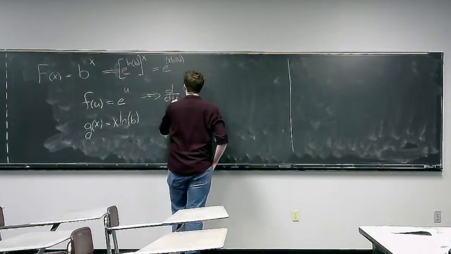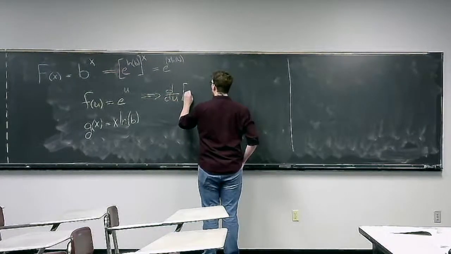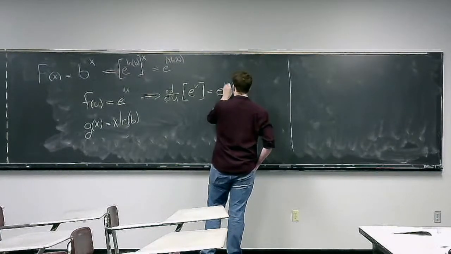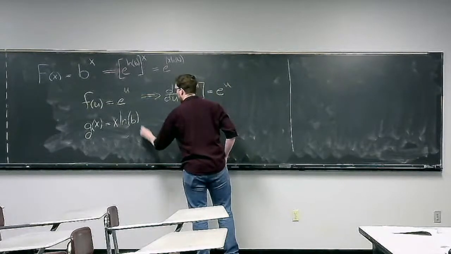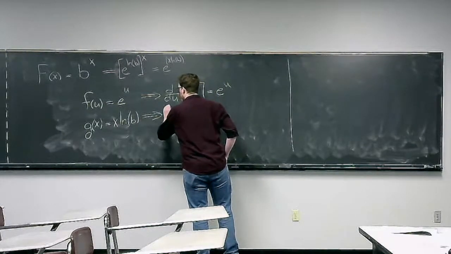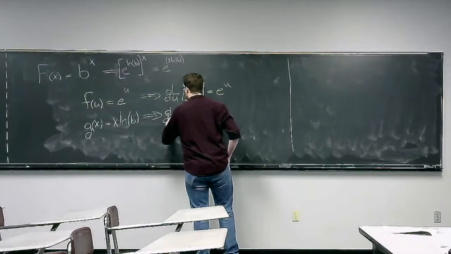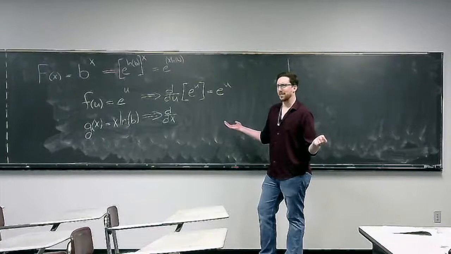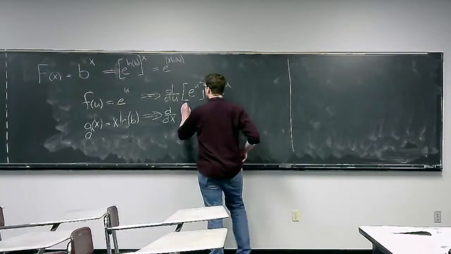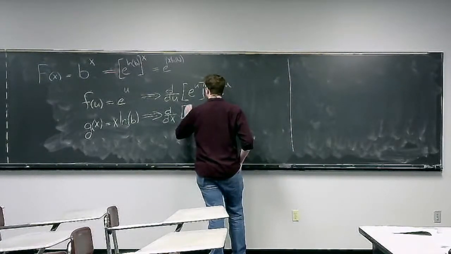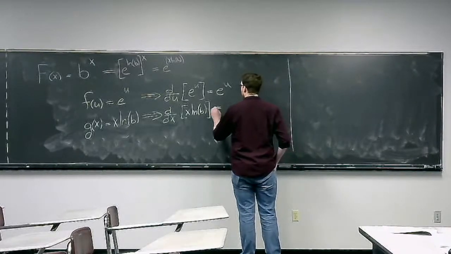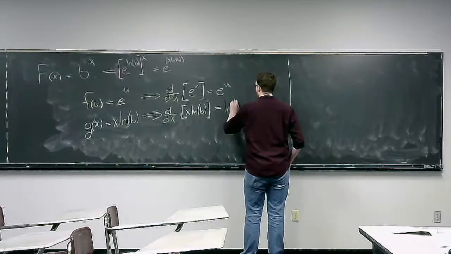And the derivative of the inside function, well, it's just x times a constant, so it's just that constant. The derivative of x times the ln of b is just the ln of b.